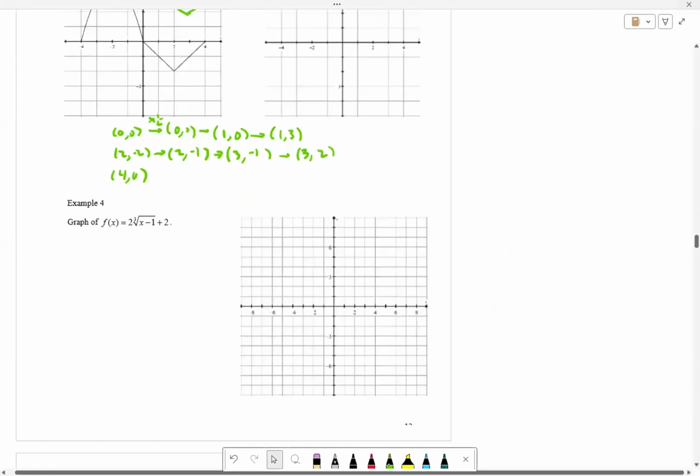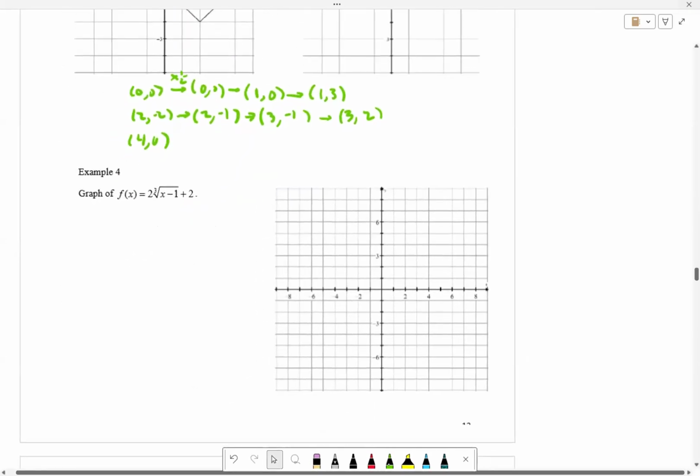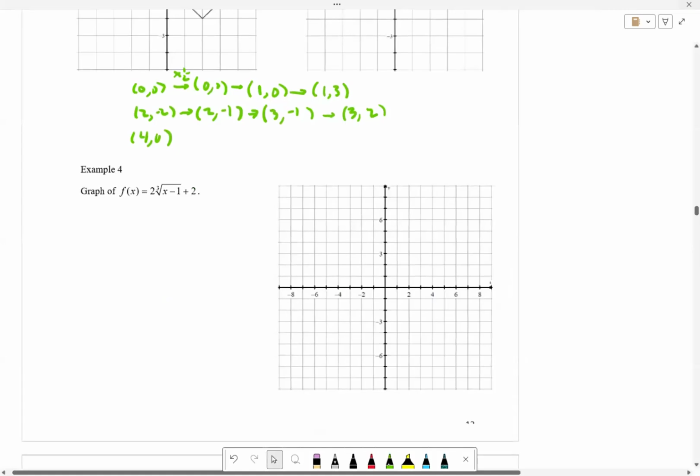So you're starting with your parent function here, aren't you? That parent function, you're going to dash it in.